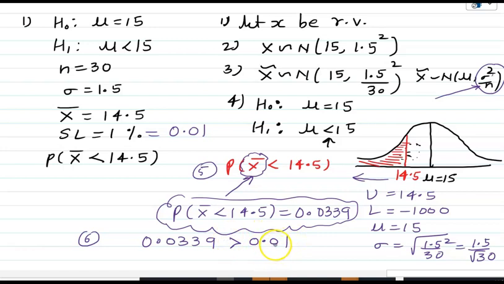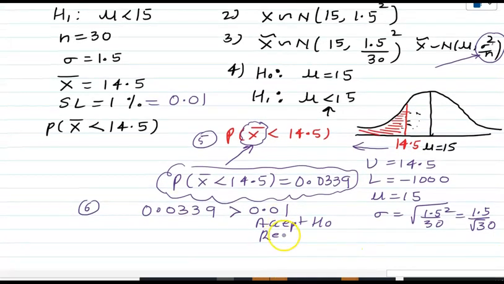So what do we need to do? We need to accept H0 or reject H0. Accept H0 and reject H1. This is not enough. You need to write down a statement why.